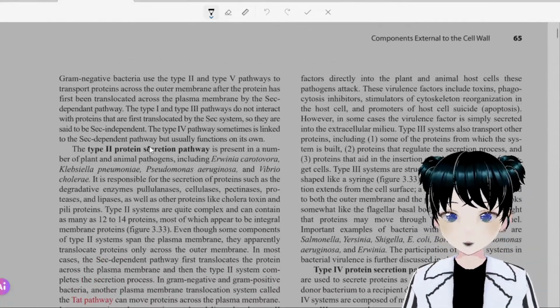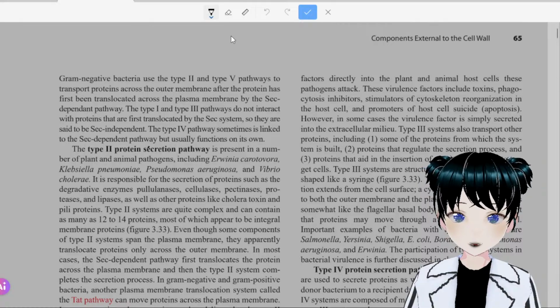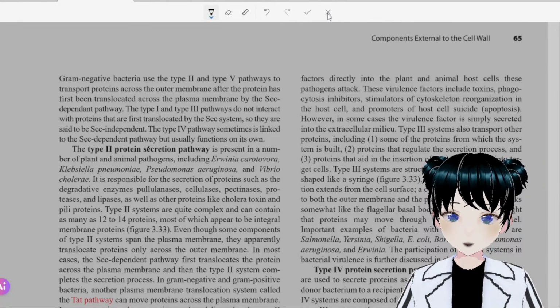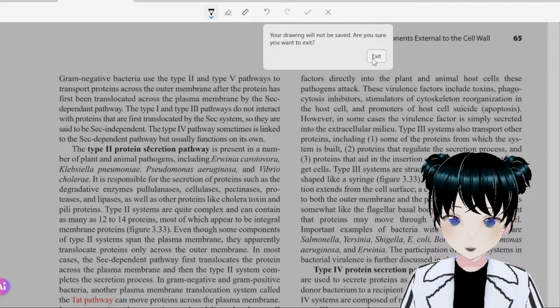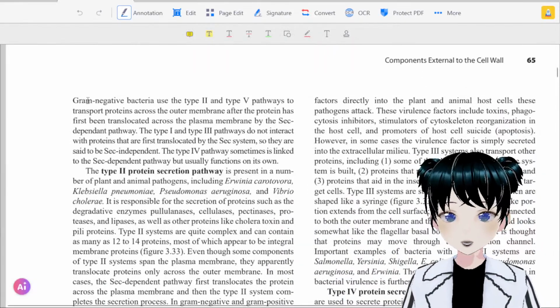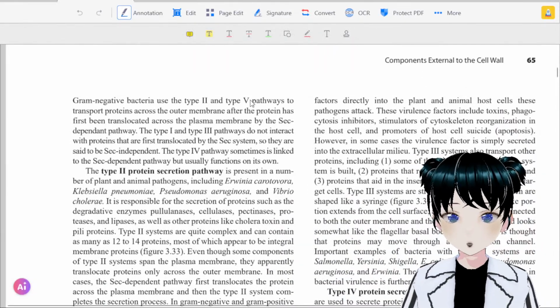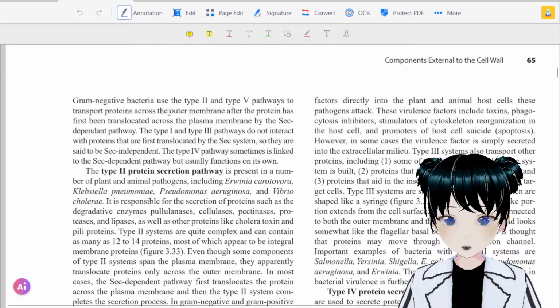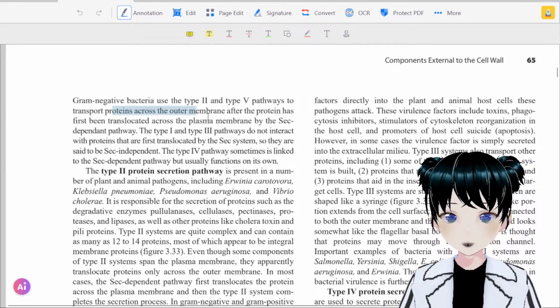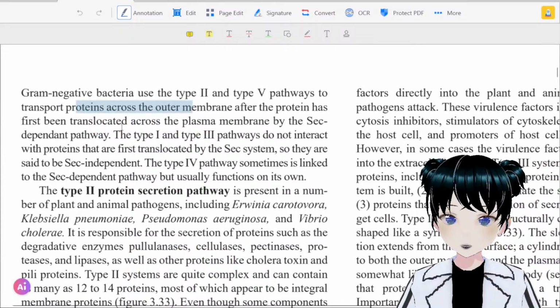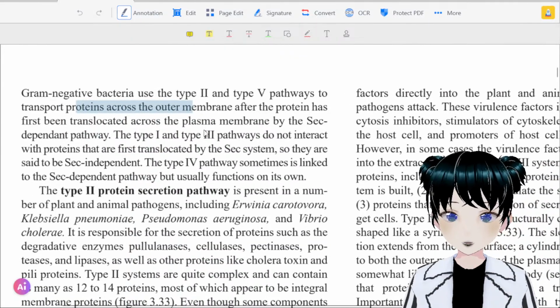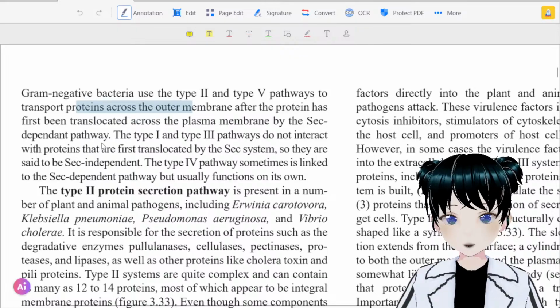So this is important, so before reading anything else, let me read this paragraph. Gram-negative bacteria use type 2 and type 5 pathways to transport proteins across the outer membrane after the protein has first been translocated across the plasma membrane by a sec-dependent pathway.